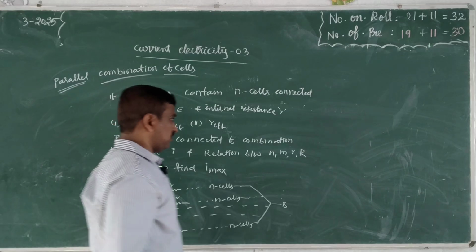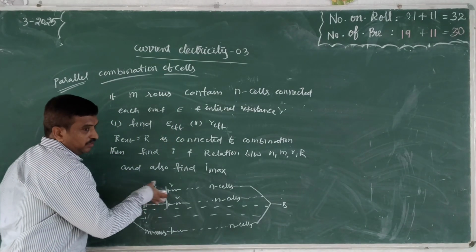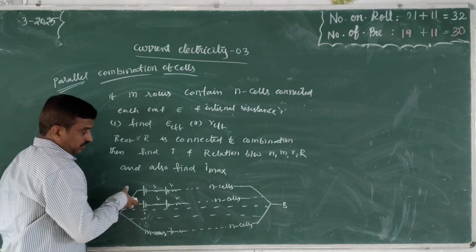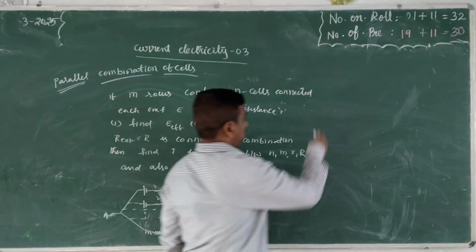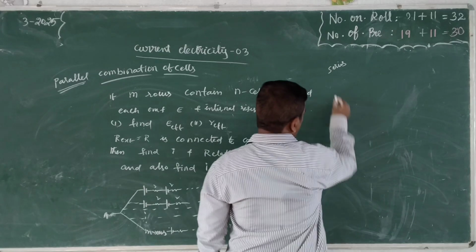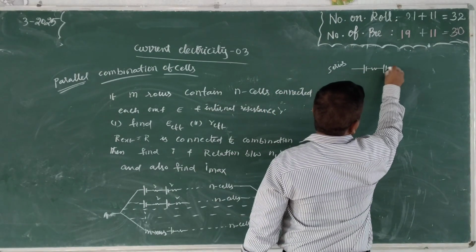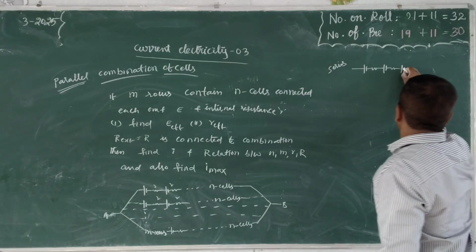For that, first we find the net EMF in the series case. In series connection, each row contains n cells.